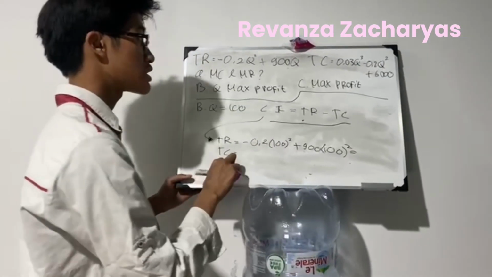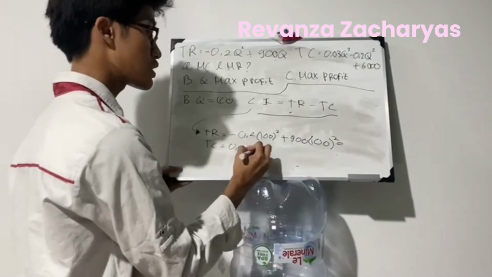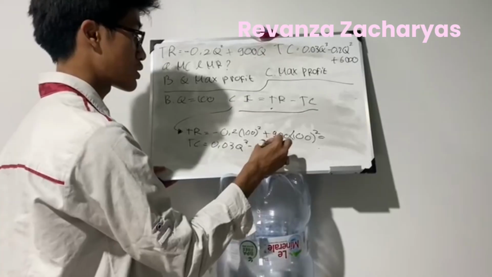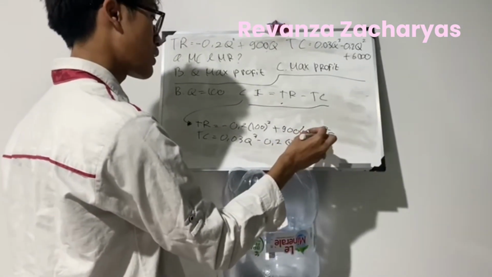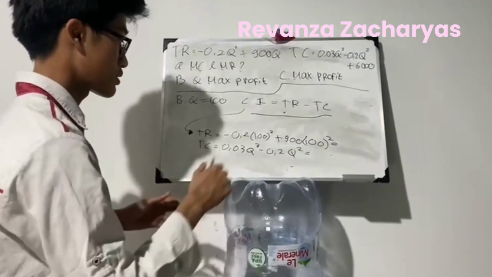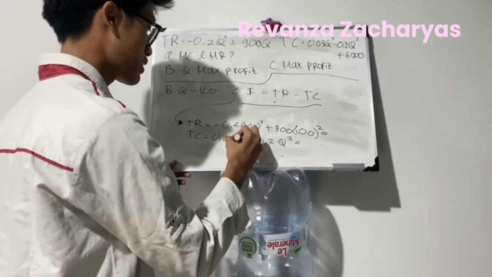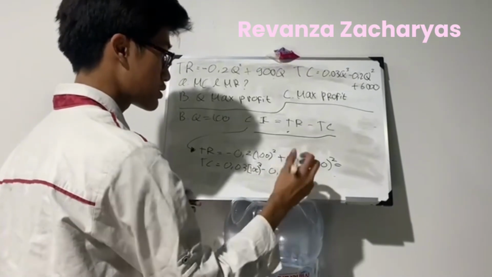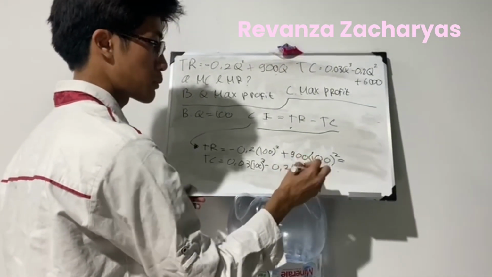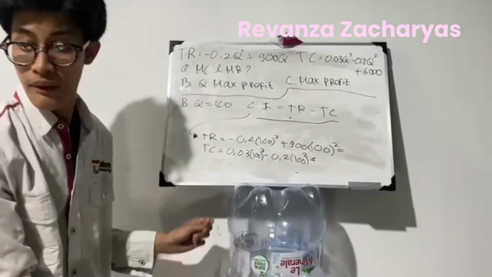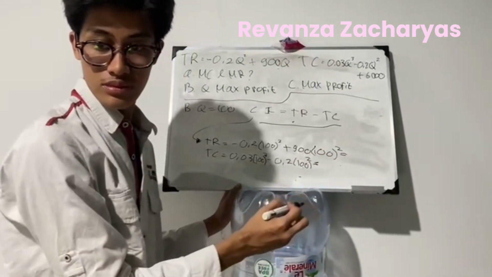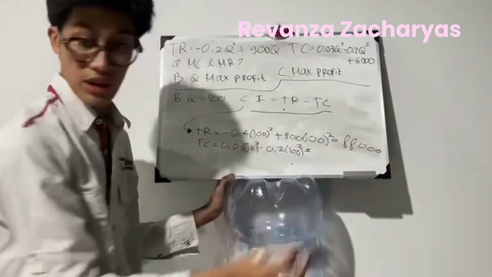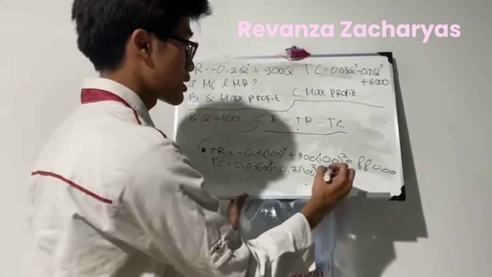Now we're going to TC, 0.03, minus 0.3. Sorry, I forgot to input the quantity. So we got 88,000 from here, and we got 34,000 from here.